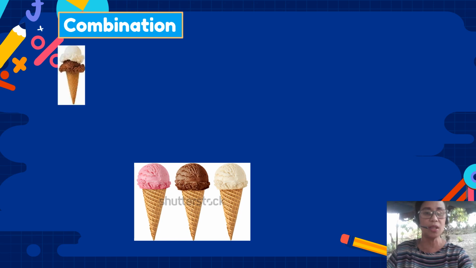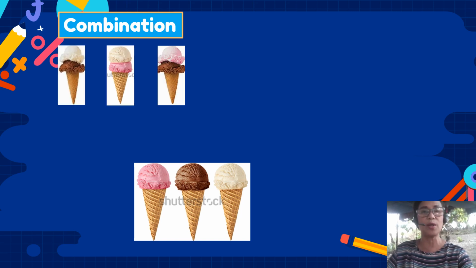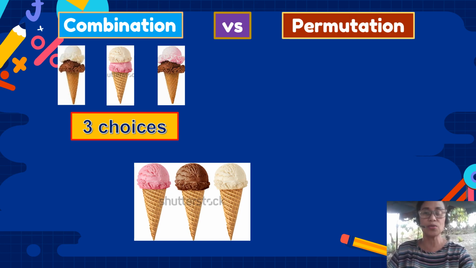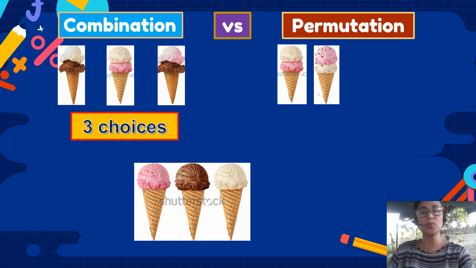So under combination, we are left with 3 choices only. But under permutation, since the order is very important, these are the following choices that you will have. Vanilla strawberry is different from strawberry vanilla.